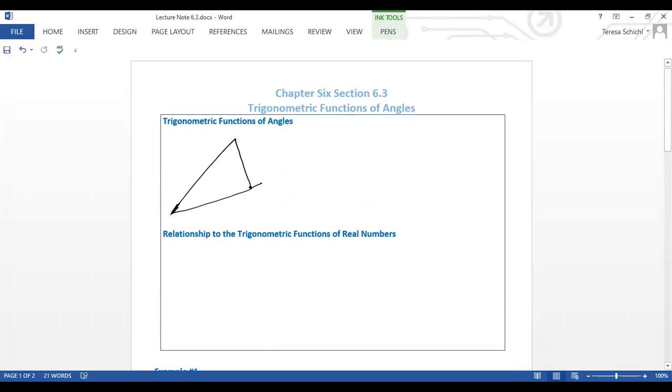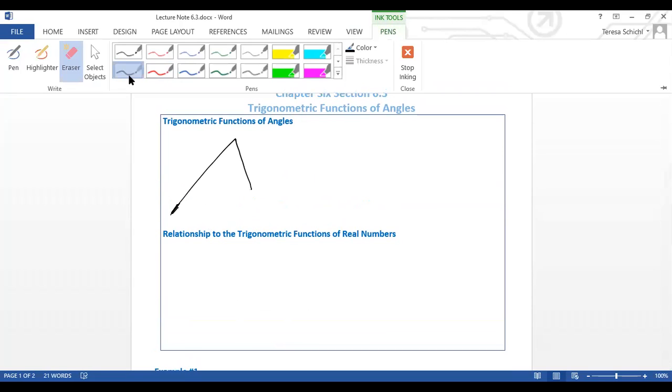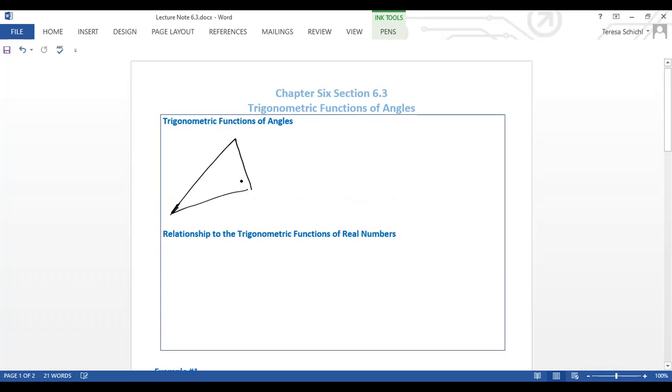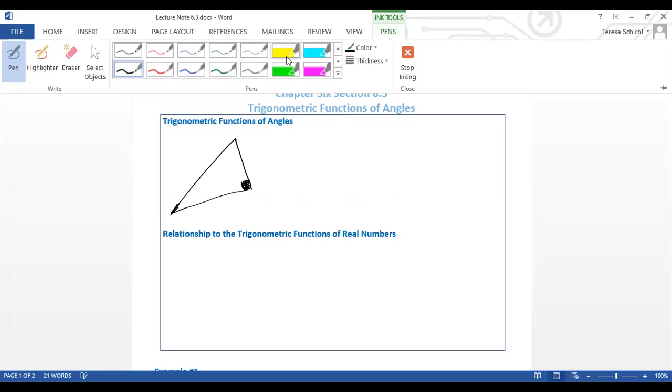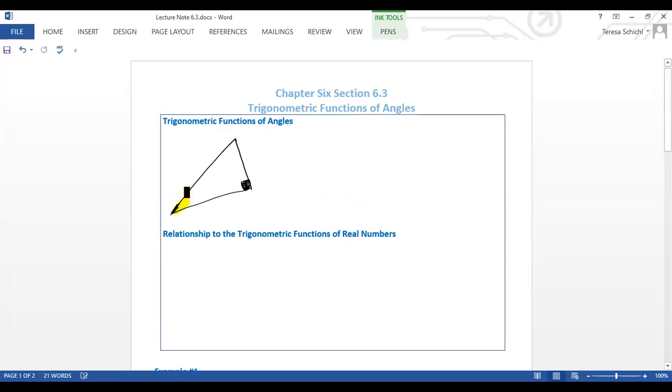Let's assume this is a right triangle, and based on what we defined last time, this is the angle theta. From the previous section, this is the hypotenuse, this is the opposite side, and this is the adjacent side. So we defined all trig functions there.